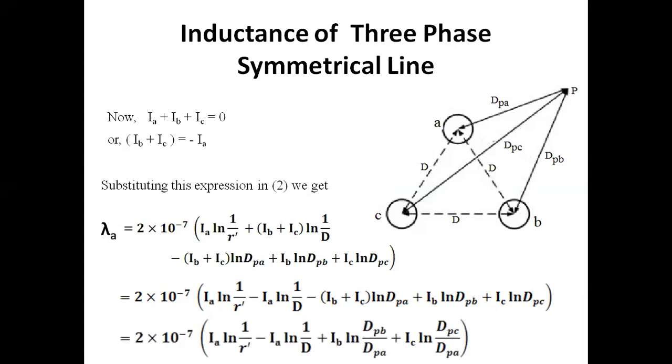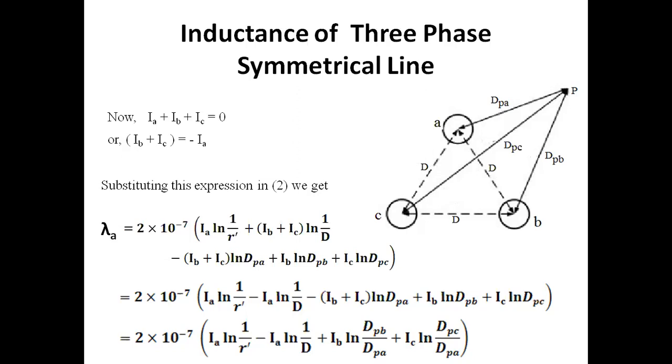So, 2 into 10 to the minus 7 [IA ln 1 by r' minus IA ln 1 by D plus IB ln DPB by DPA plus IC ln DPC by DPA]. Here the ratios DPB by DPA and DPC by DPA involve distances at very long, infinite distance.